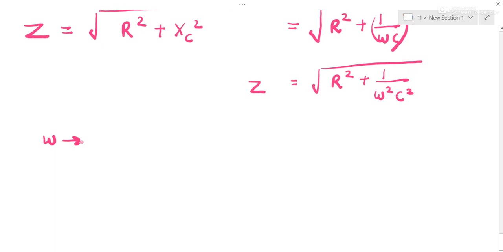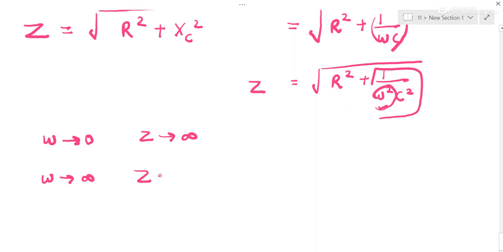So omega small, omega big. When omega is small, this term is infinity, so Z is infinite. And when omega is infinite, this becomes 0, so Z is R. So only two values. Now let us see how to plot. Z on this side, omega on this side. At omega 0, Z is infinite.